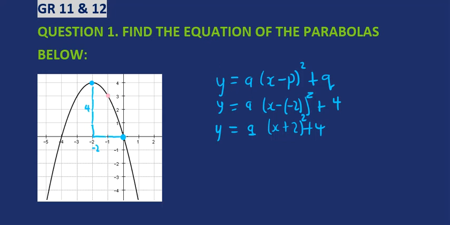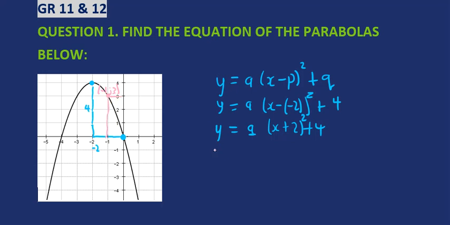And what are the values at that coordinate point? Of course, x is -1 and y is 3 at this point.